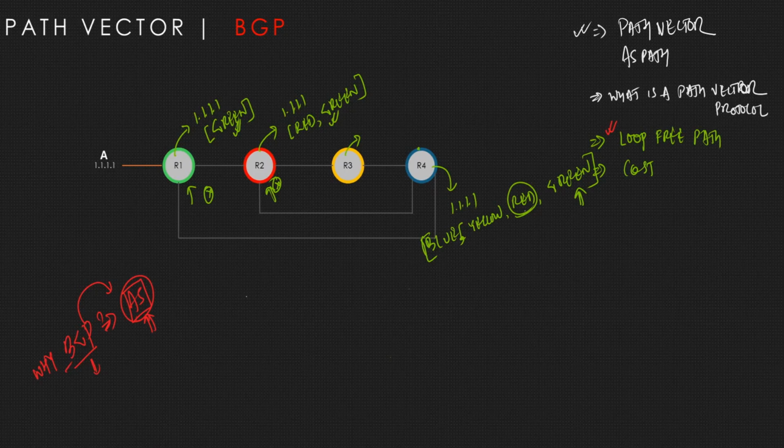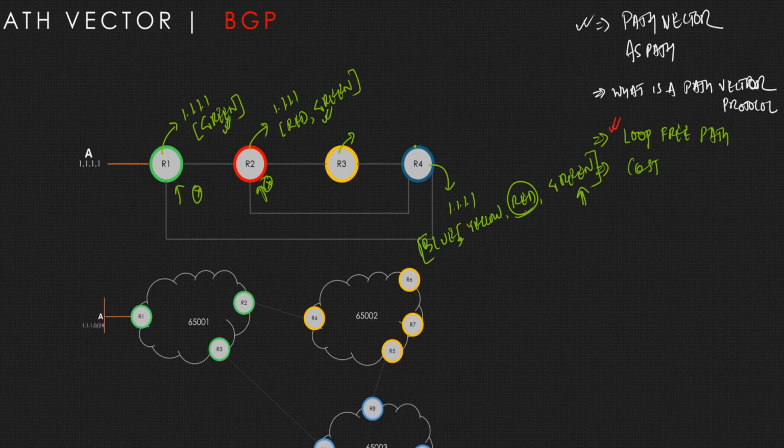So BGP says that each autonomous system is a single entity for a given destination, a single box from an outside world perspective, right?